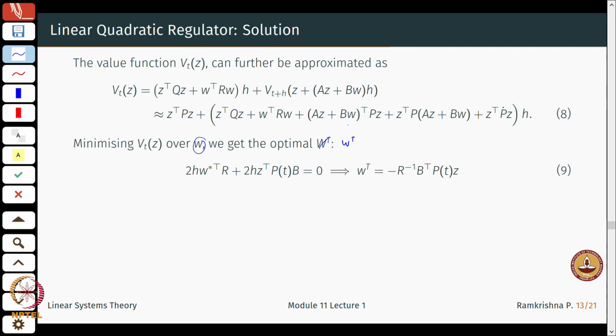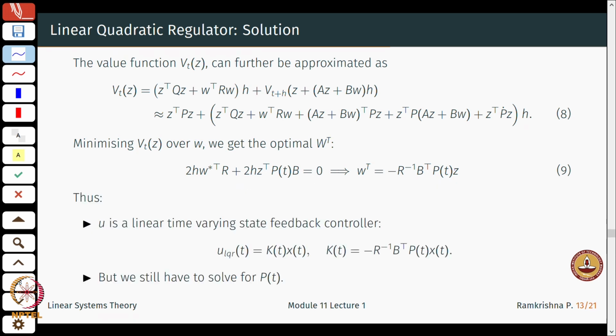I just take the derivative, equate to 0, and this is what I get: the optimal control w is minus R inverse B transpose P_t times z. Now, once I have w, I can get a state feedback control which is of this form.